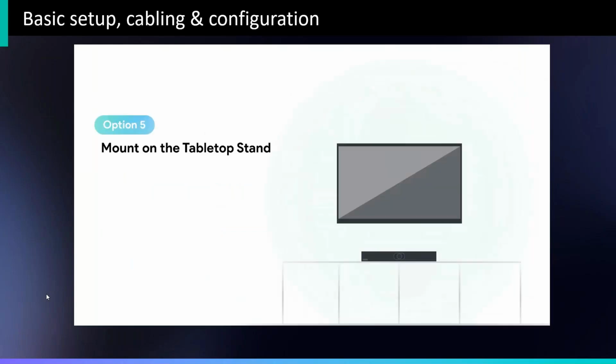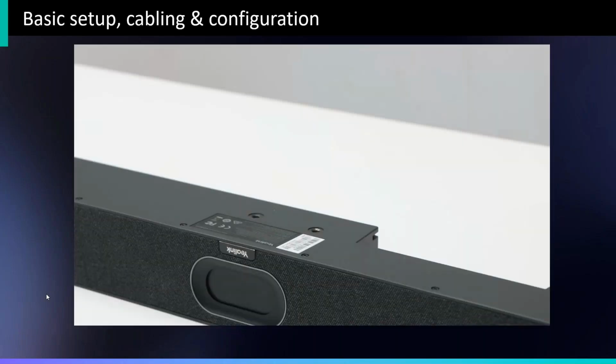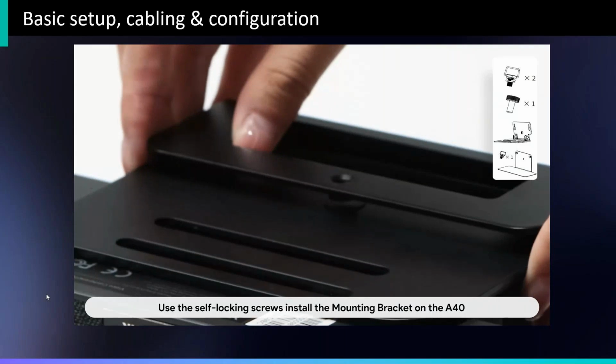Option 5. Mount on the tabletop stand. If your television cabinet has not enough height or you prefer not to mount your equipment on the wall, we can offer a tabletop stand mount. Use the self-locking screws. Install the mounting bracket on the A40.